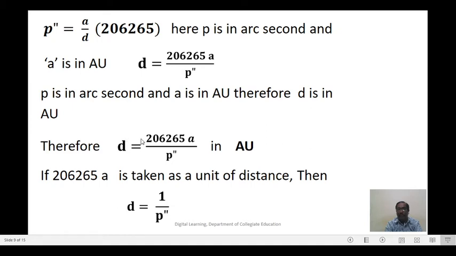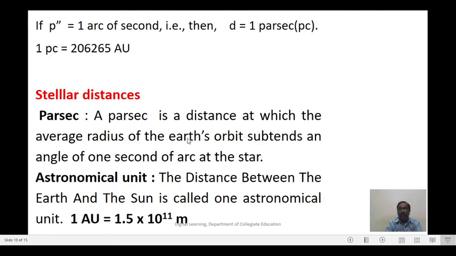So D equals 206265 A by P. If 206265 into A is taken as 1 unit of distance, then D equals 1 by P arc seconds. So if P equals 1 arc second, then D equals 1 parsec, or 1 parsec equals 206265 astronomical units.